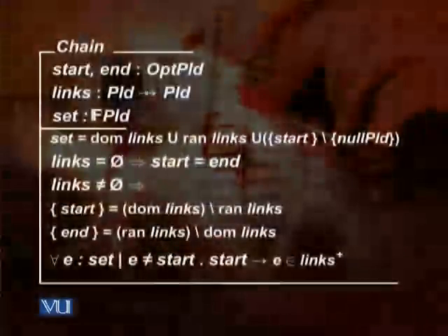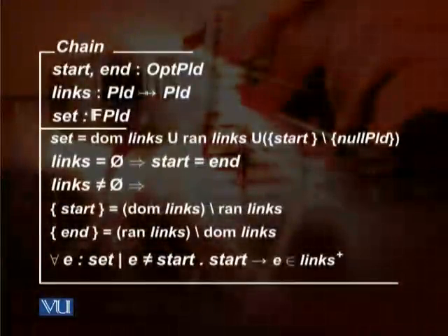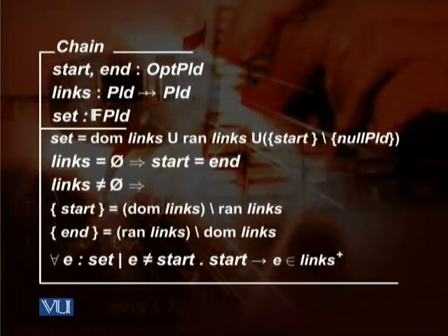When the chain is not empty, that is, links is not equal to phi, that implies that start is equal to domain of links minus range of links. When it is empty, domain of links and range of links are not defined, because you start from here, but you cannot go anywhere else.